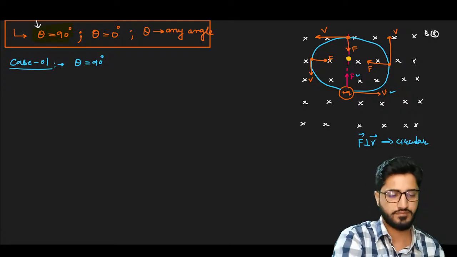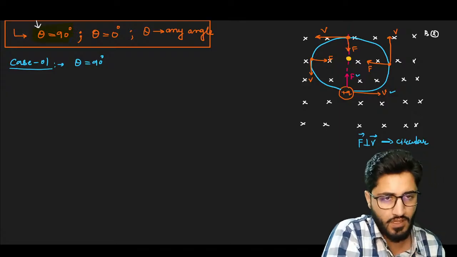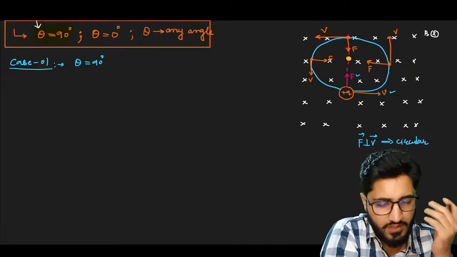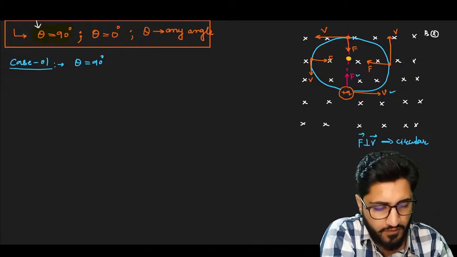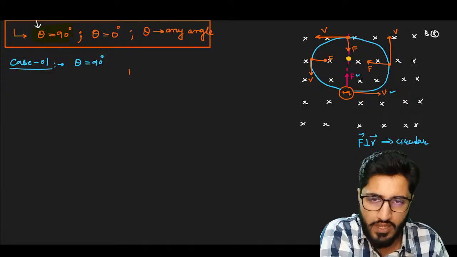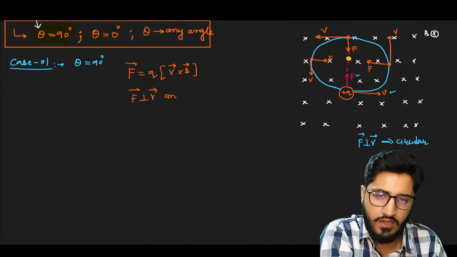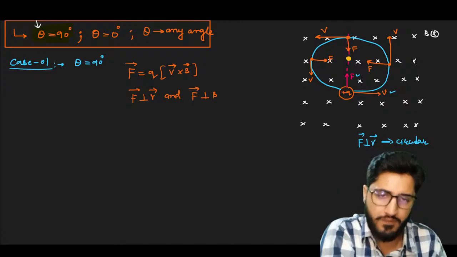Done now? So how to get direction? Take your right hand. Now from this perspective, you can write F equals to Q V cross B. So F is perpendicular to V and F is perpendicular to B. Why is that?